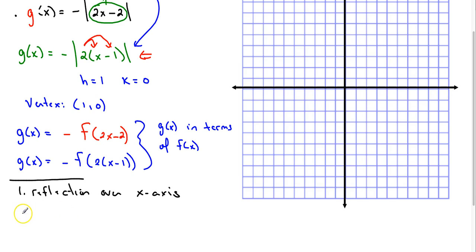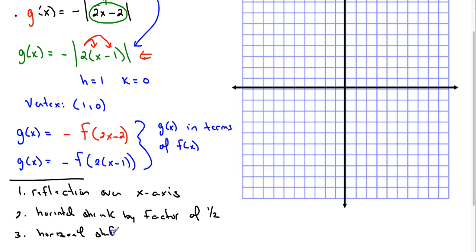A horizontal shrink by a factor of 1/2. Awesome. One more. So horizontal shift, 1 unit to the right. Beautiful. So that takes care of the 3 transformations in this graph.